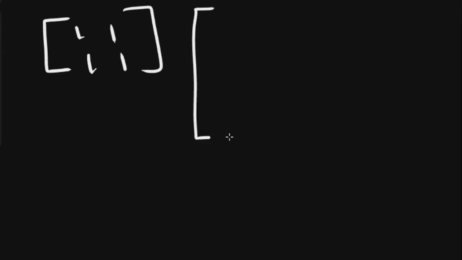First, let's take a square matrix which has 1 1 1 1. This is a simple square matrix having all the values as 1. Then there is a rectangular matrix which can have 3 5 7 8.